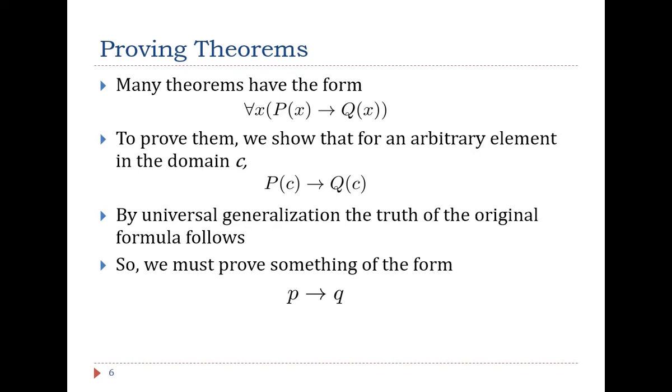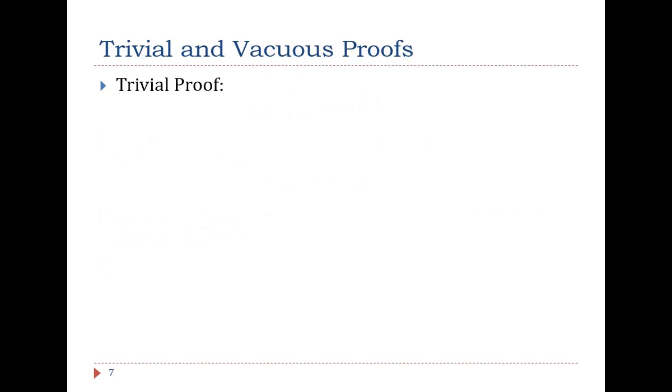So you have different cases. We want to exclude the very easy ones, the trivial and vacuous proofs. Trivial proofs are when you know that Q is always true, so you can use whatever P to imply it.